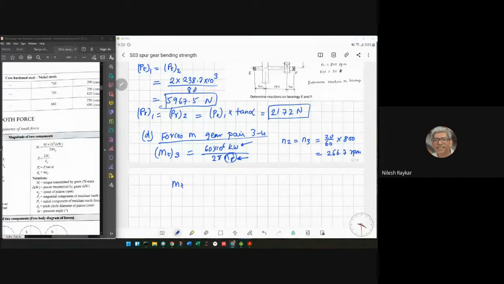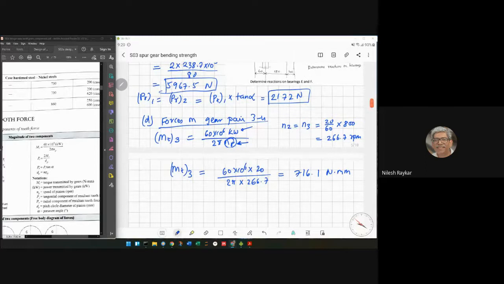So MT3 would be given as 16 × 10^6 × 20 kilowatt divided by 2 pi × 266.7. So MT3 is 716.1 Newton millimeters. PT3 would be calculated using the formula you see on the left side of the screen from the design data book.